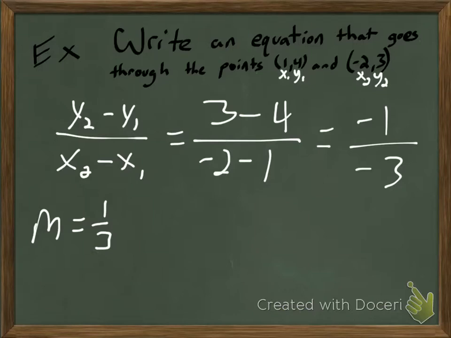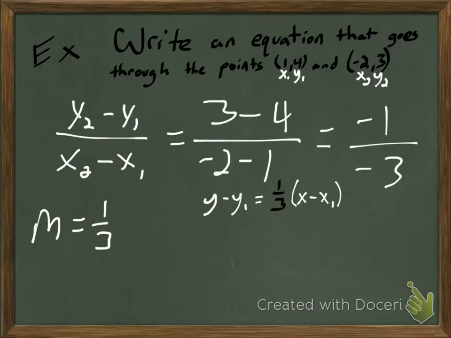Now for point slope, y minus y1 equals m times x minus x1. All we need now is a point, because all I have to do to replace the m is put in 1/3. Now here's the deal. You can choose whatever point you want. You can choose 1, 4 or -2, 3.